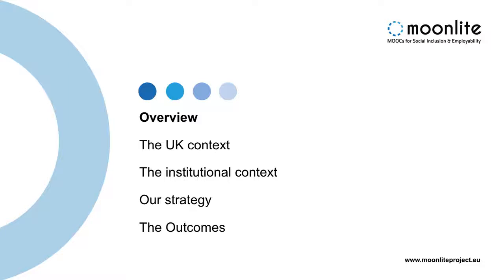Then the institutional context, what is our university like, how does it differ from other universities, and how well able is it to welcome refugees into its system and help them through a degree course. Then finally, our strategy, what did we do in order to attract and recruit refugees, and what were the outcomes and the findings of the various strategies that we used.